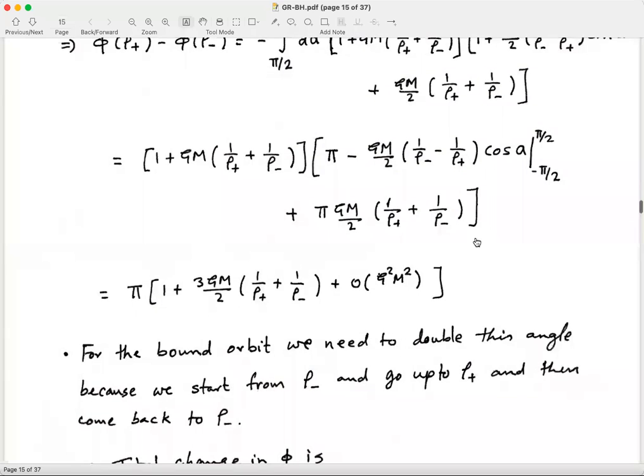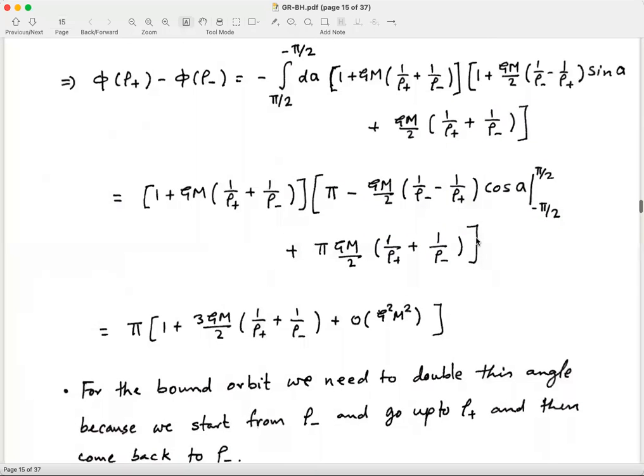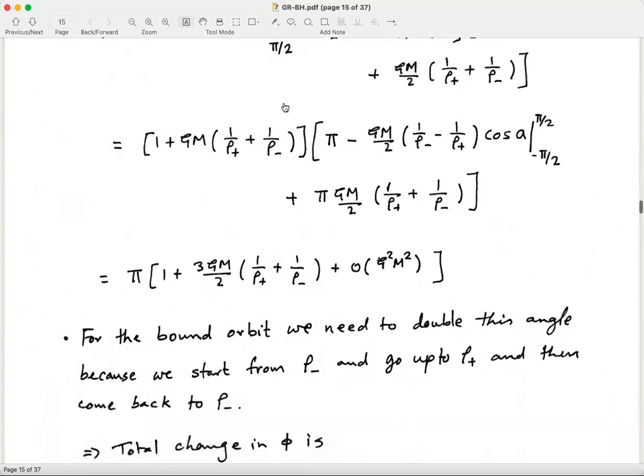Of course, exactly the way we did this computation for the scattering problem, here also we will have to worry about doubling the angle, because what we are doing is going from rho minus to rho plus in this particular case, but the bound orbit would take you from rho minus to rho plus and back to rho minus, or the other way around. It doesn't matter.